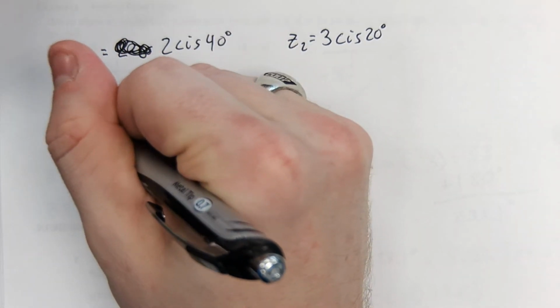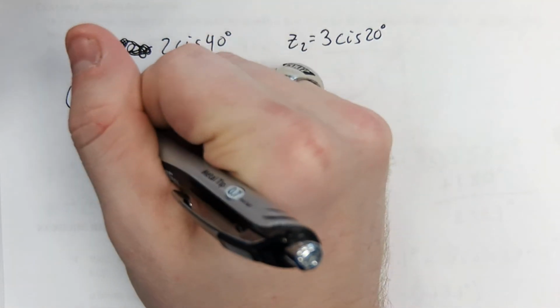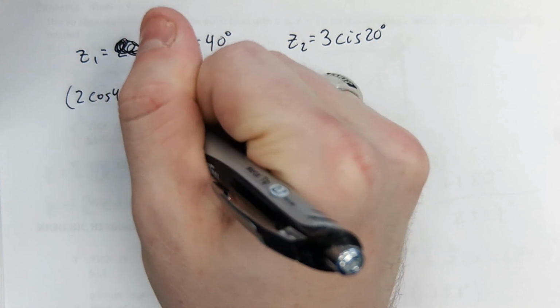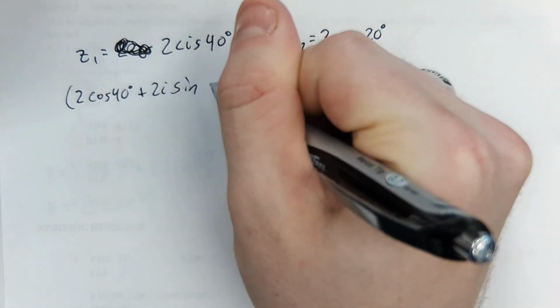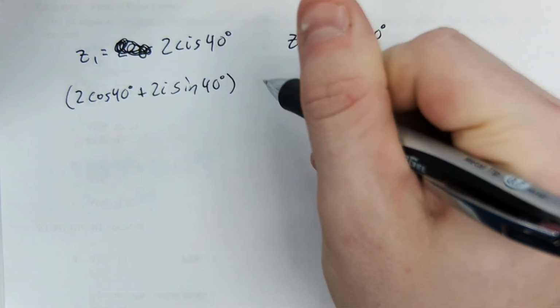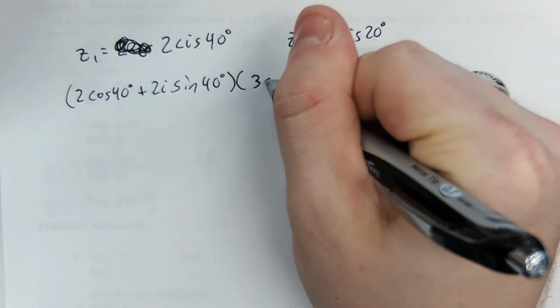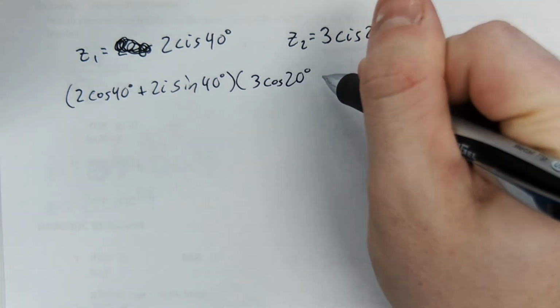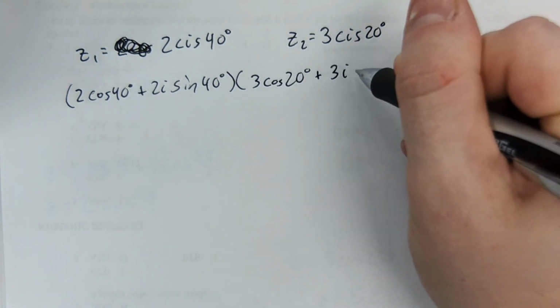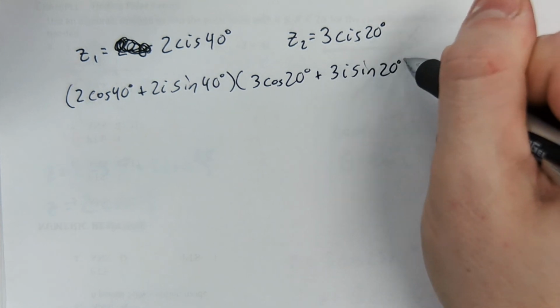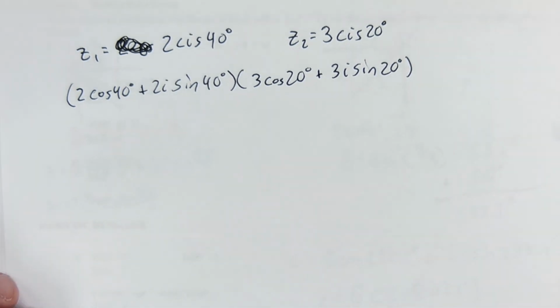So that's going to give us 2 cosine 40 degrees plus 2i sine of 40 degrees. And we're going to FOIL that with 3 cosine of 20 degrees plus 3i sine of 20 degrees. This is brutal.